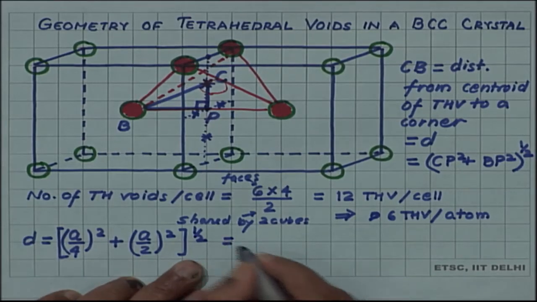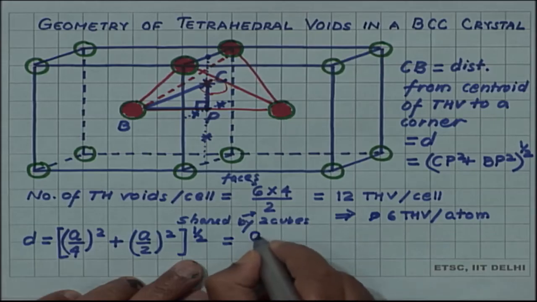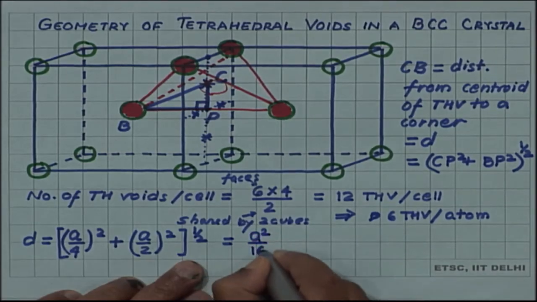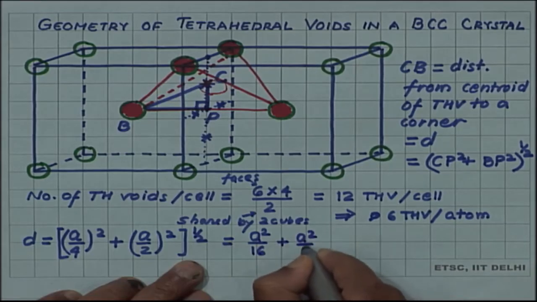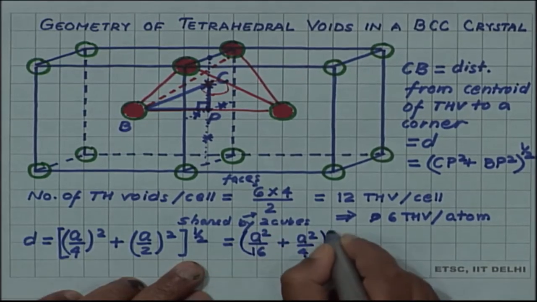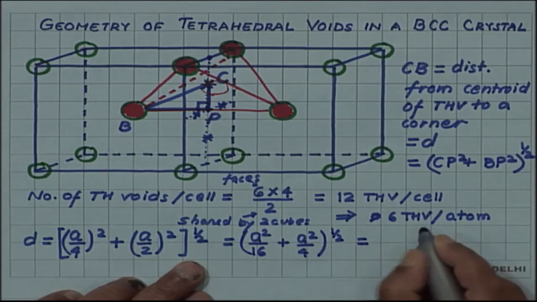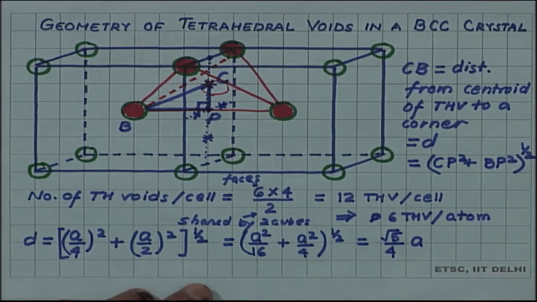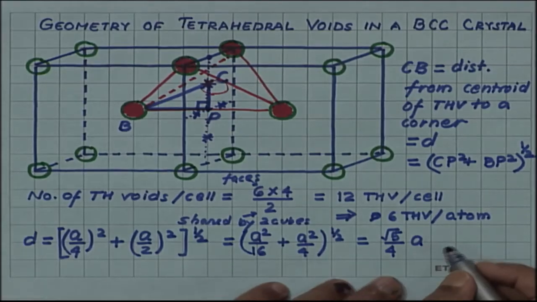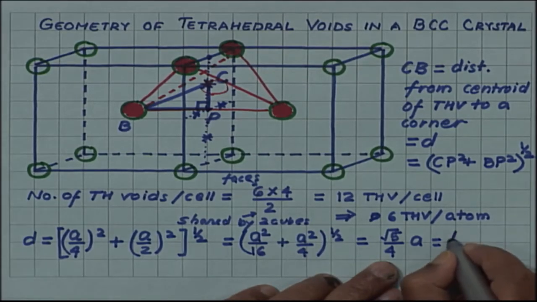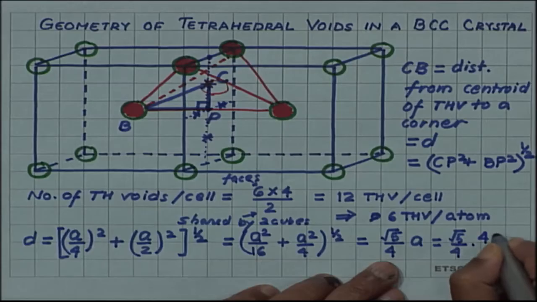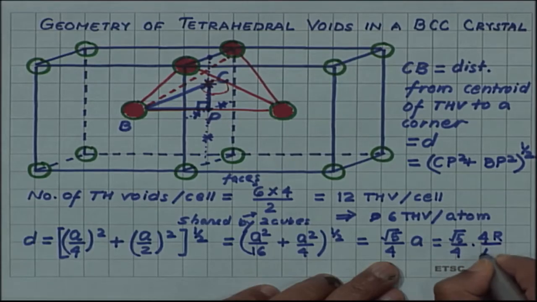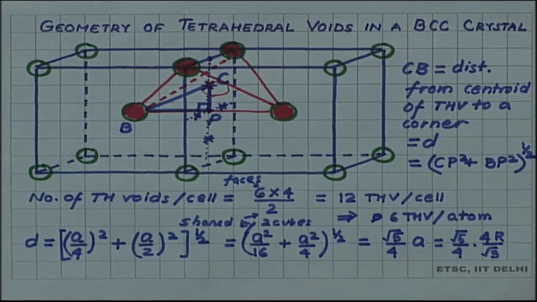So, if you work this out, you will find A square by 16 A by 4, which will come out to be root 5 by 4 A. And if you use the relationship between A and R, you can write this as root 5 by 4 into 4 R by root 3.